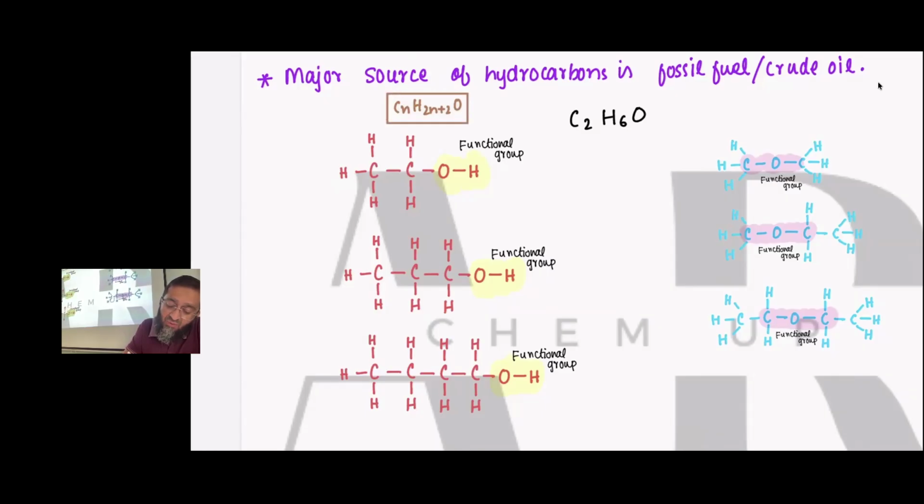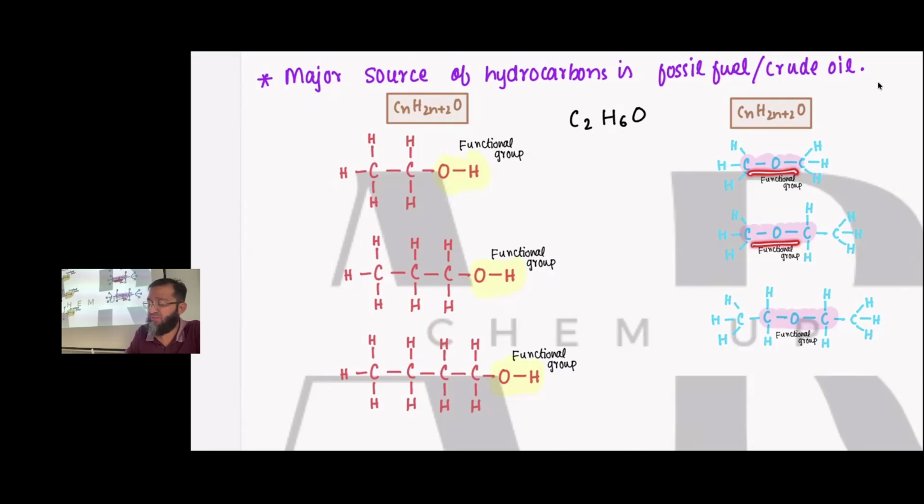Or it is CnH2n plus 1 OH. There are two ways to represent the general formula, CnH2n plus 2O or CnH2n plus 1 OH. So this one also has the same general formula, right? But the thing is that these three compounds have a specific functional group, which is OH.